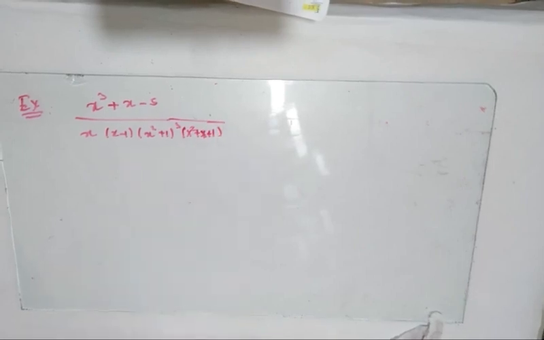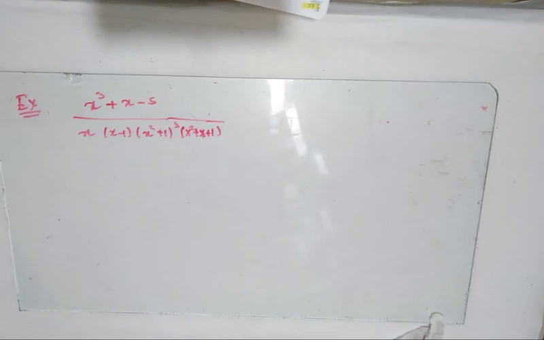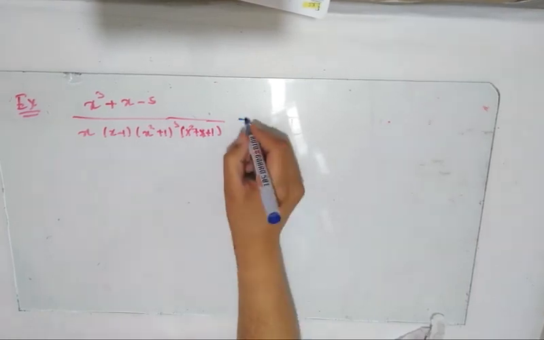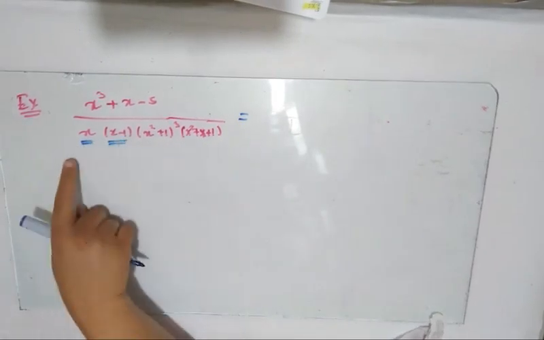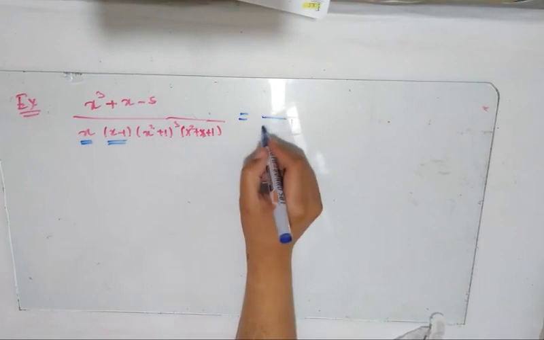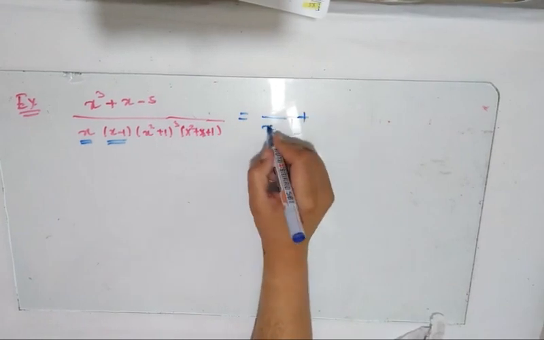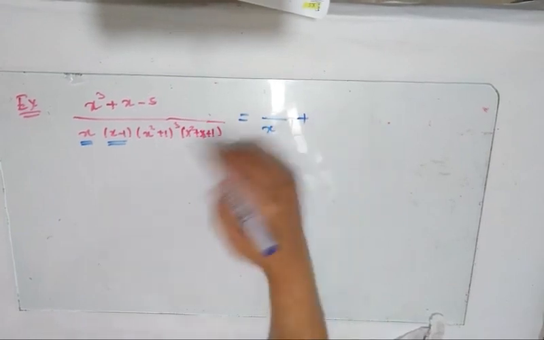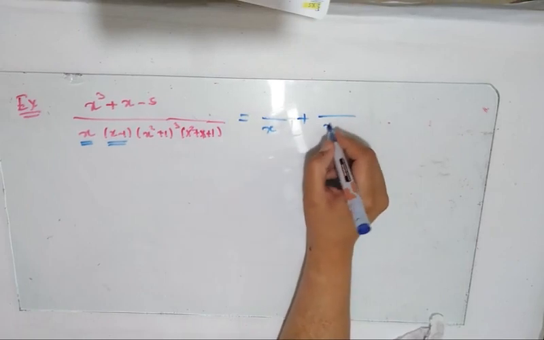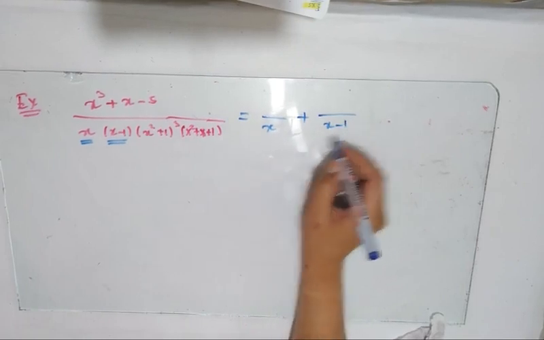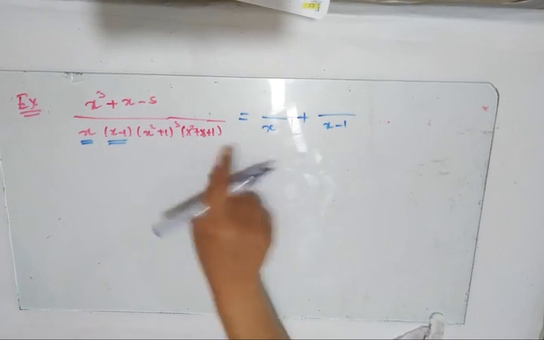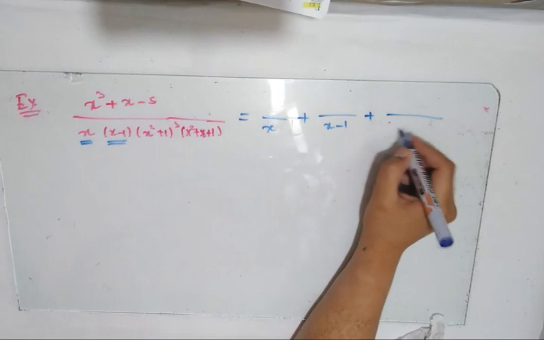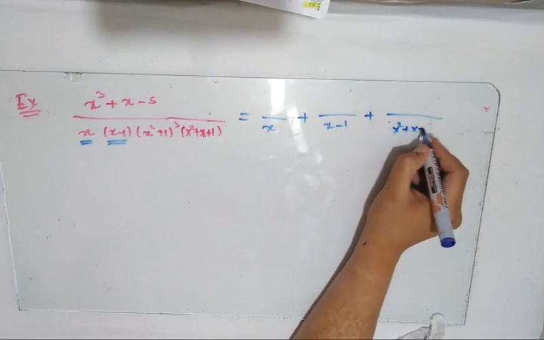Okay, so this is not hard, but we will have many partial fractions. So first, let's look at the linear factors. None is repeated, so you'll have one partial fraction for x, and another one corresponding to x minus 1, and for this quadratic which is not repeated, x squared plus x plus 1, you'll have just one, over x squared plus x plus 1.